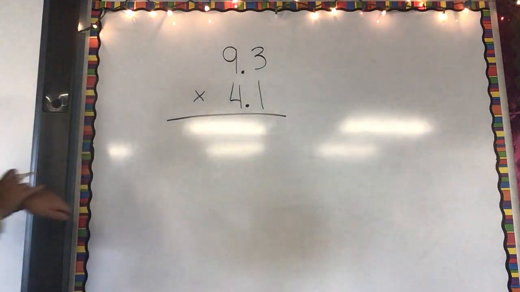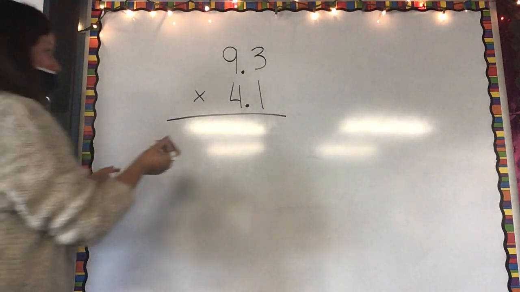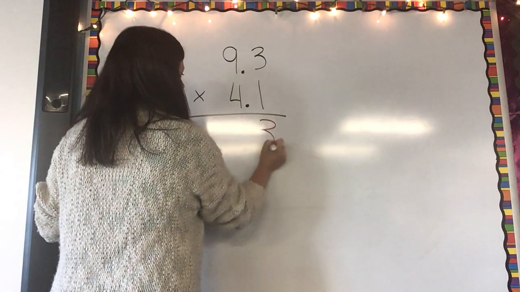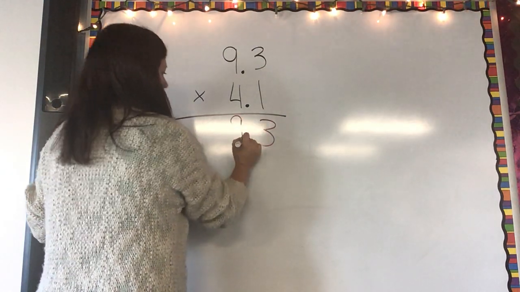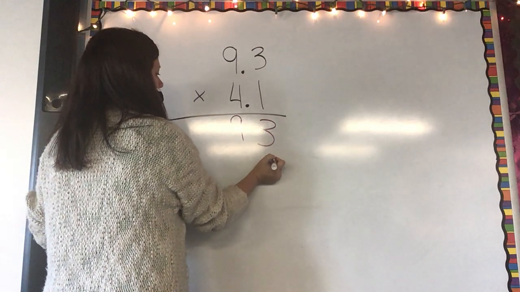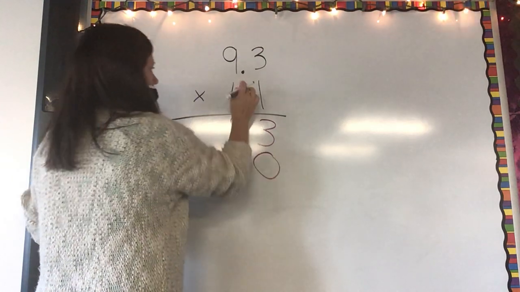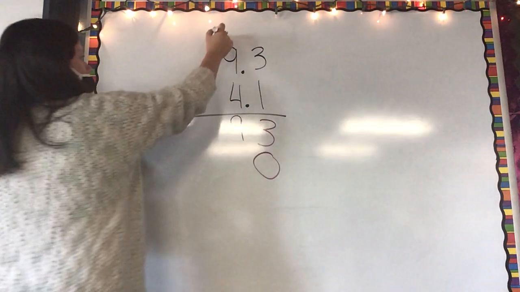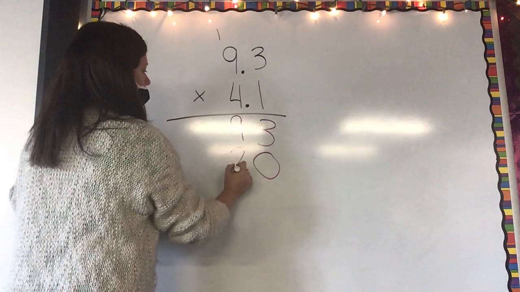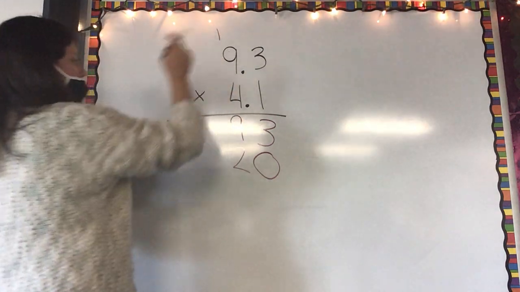What is 3 times 1? 3. 1 times 9? 9. I need to add my magic 0. 4 times 3? 12. Carry my 1 up there. 4 times 9?